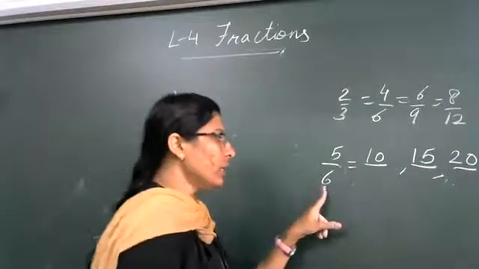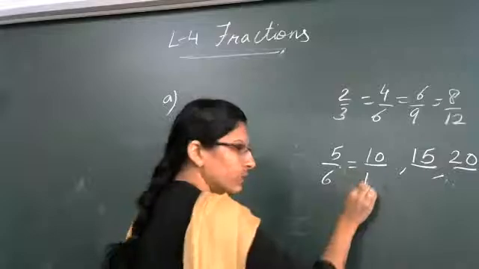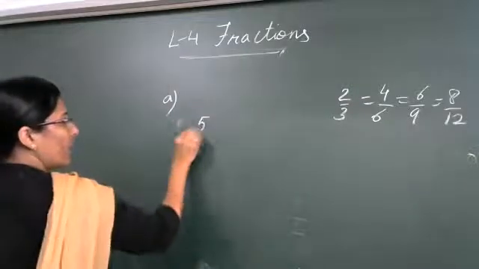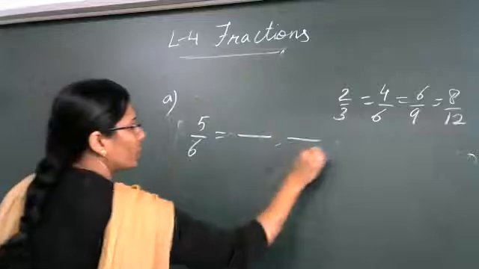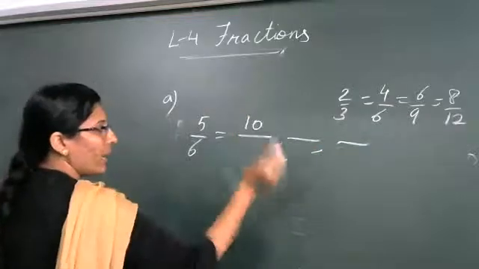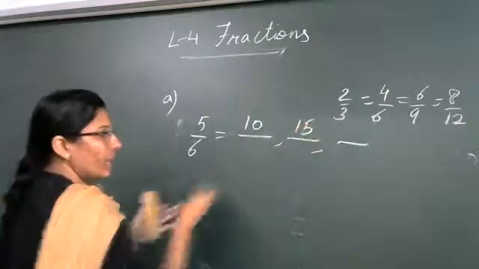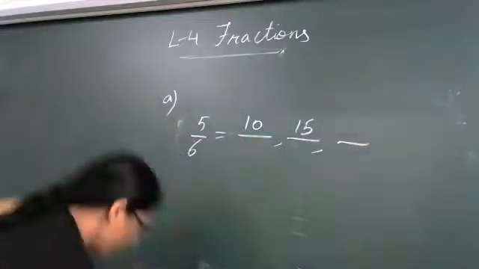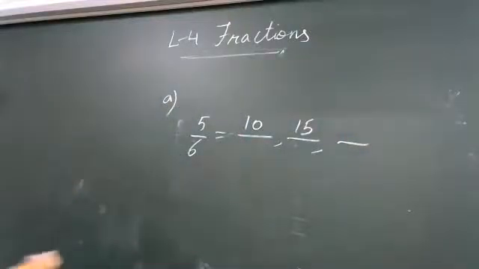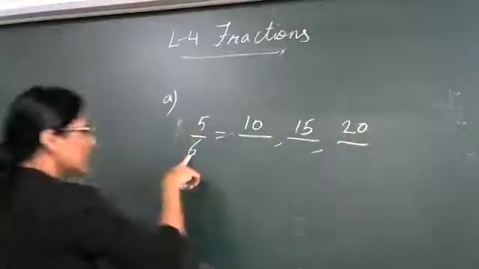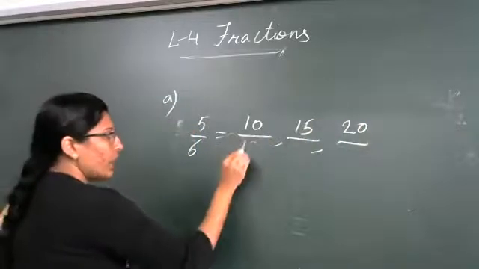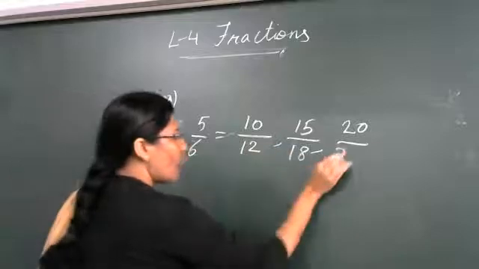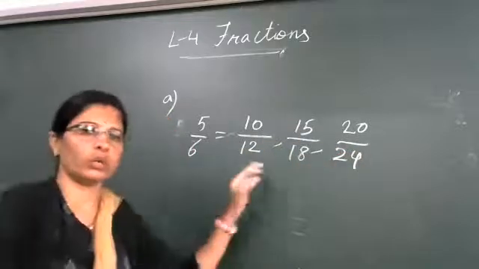What will come below? 6 2s are 12, 6 3s are 18, 6 4s are 24.